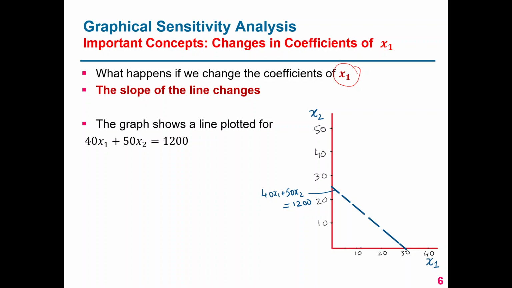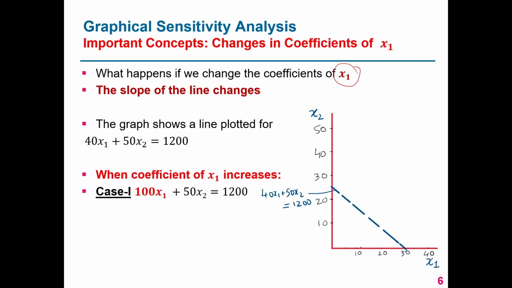So let's say we change the coefficient of x1 and keep the other variables and constants the same. So we have 100x1 plus 50x2 equal to 1200. This equation can be plotted by putting x1 equal to 0, then x2 will be 24, and when x2 is equal to 0, x1 will be 12.